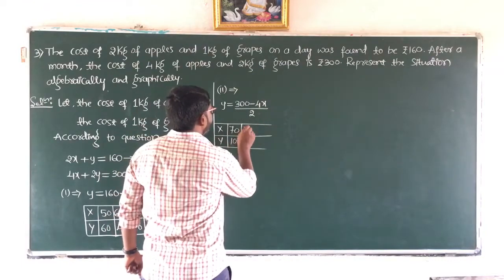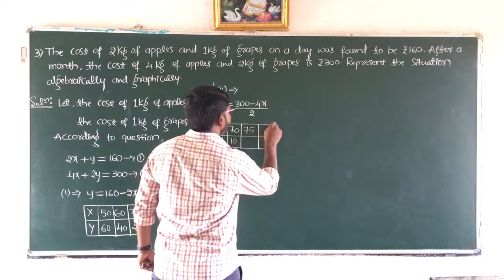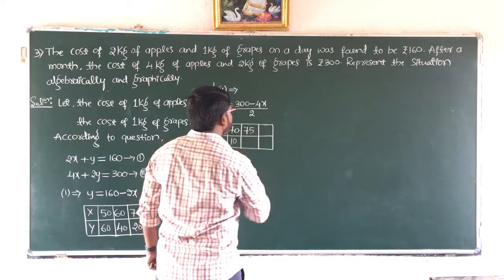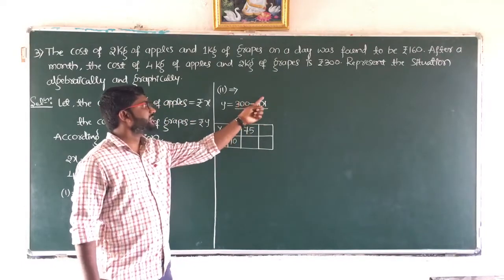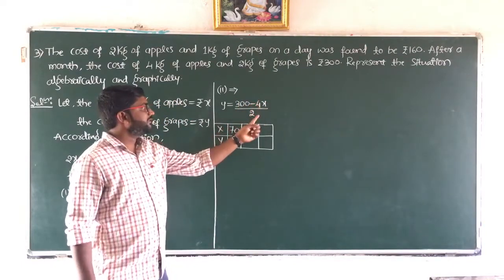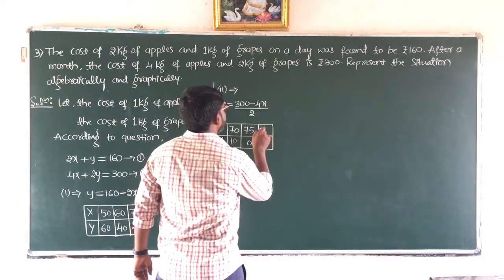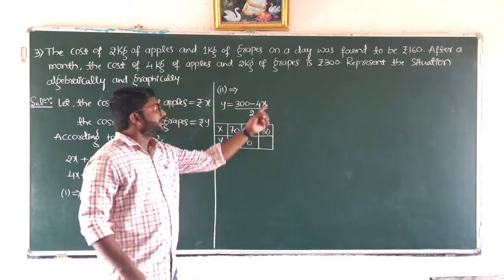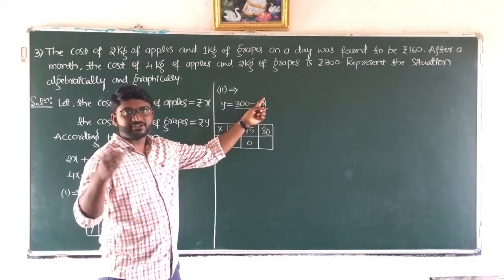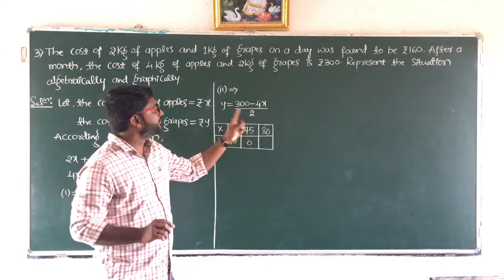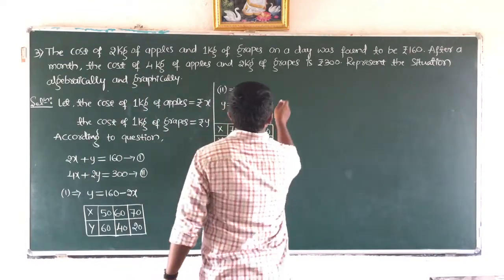Then I take x as 75 and note down the corresponding y value. 75 into 4 will be 300. 300 minus 300 is 0. 0 divided by anything is always 0. Then I take x as 80. 80 into 4 will be 320. 300 minus 320 will be minus 20. Minus 20 divided by 2 will be minus 10. So we have got both the tables.